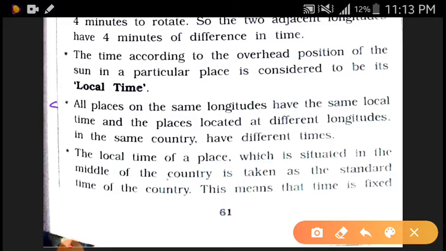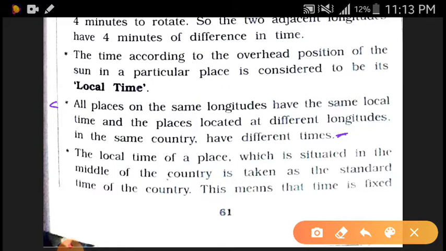To remove that defect, a particular time is decided in the same country. So the center place of the country is taken to know the local time, and that time is followed in the whole country.